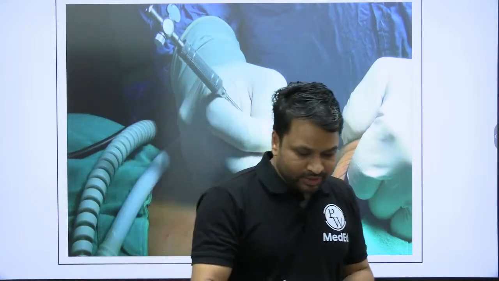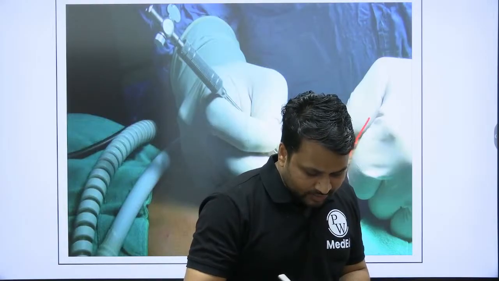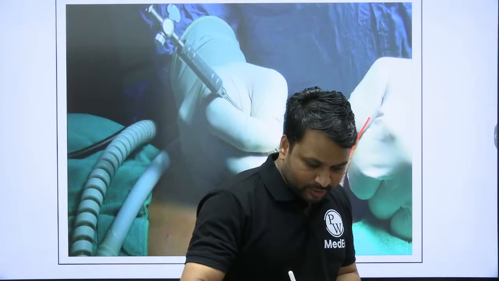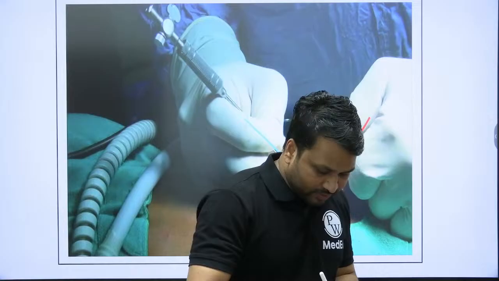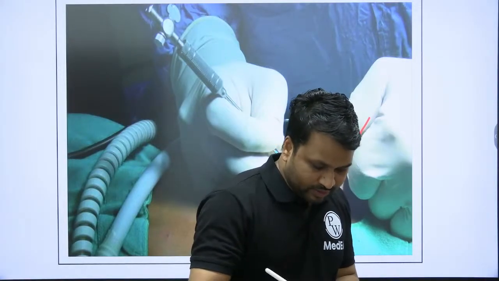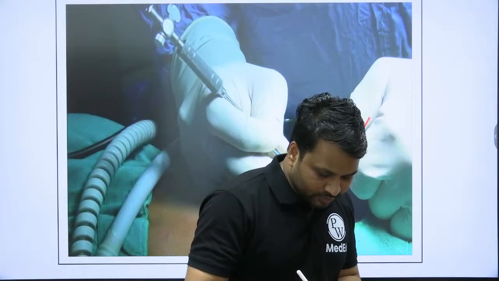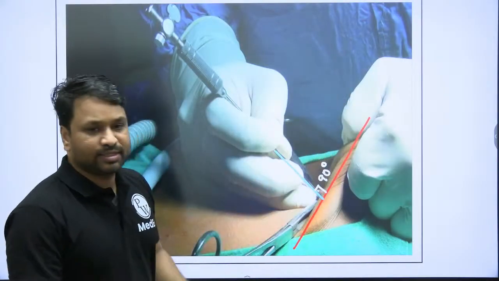Now the beauty of this diagram I wanted to keep is, look, this is the axis of the skin and this happens to be the axis of the Veress needle, right? The angle between these two is a 90 degree angle.